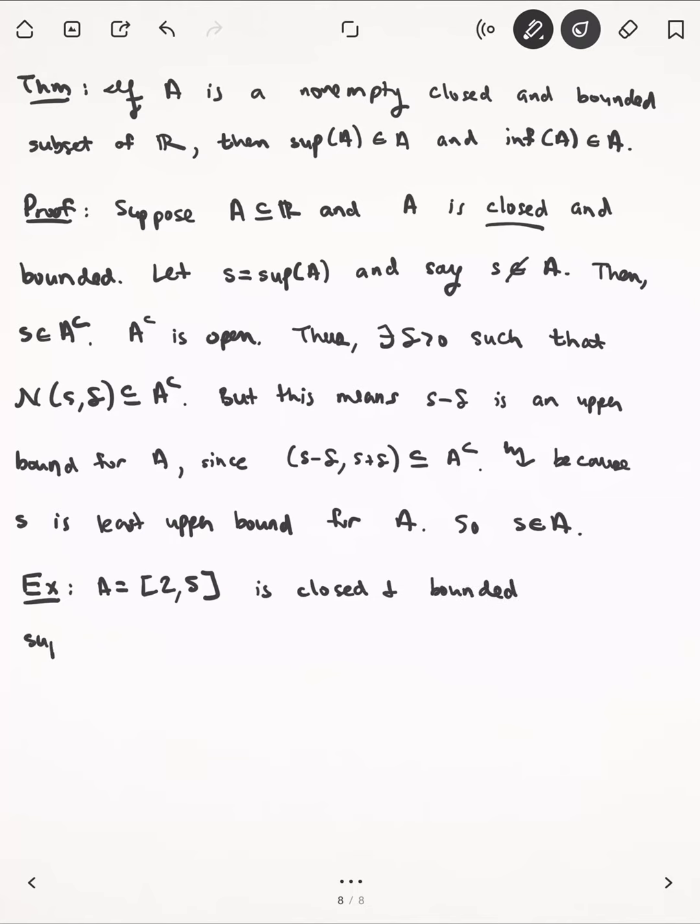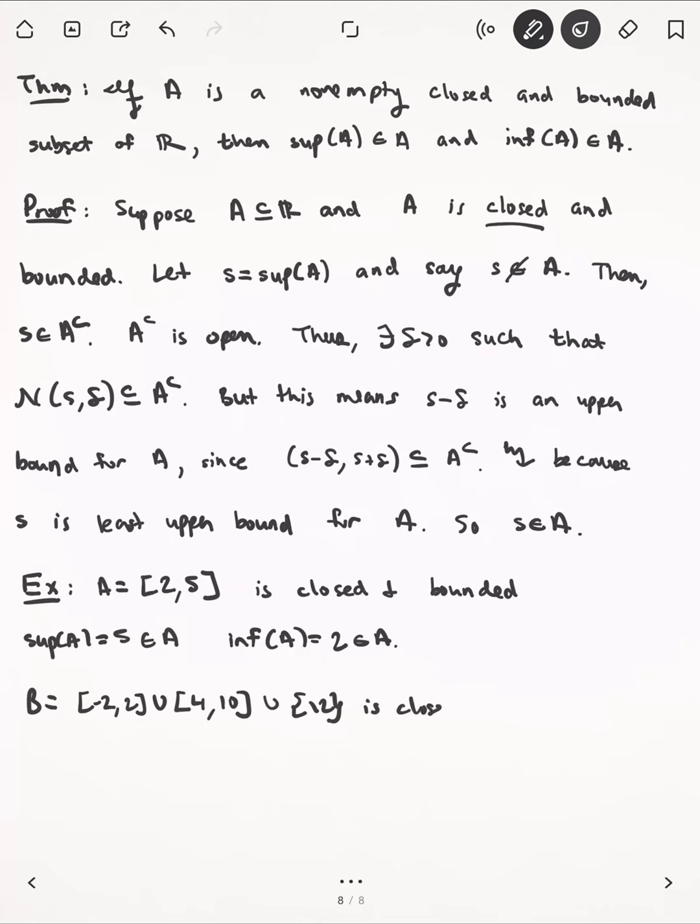And notice the supremum of A equals 5, which is an element of A, and the infimum of A equals 2, which is an element of A. B equals minus 2 to 2, union 4 to 10, union the singleton 12, is closed and bounded.